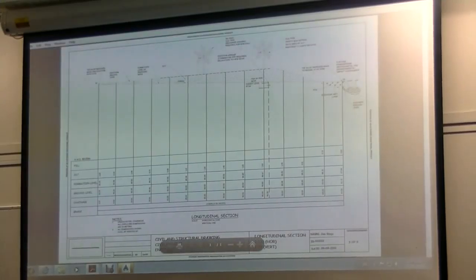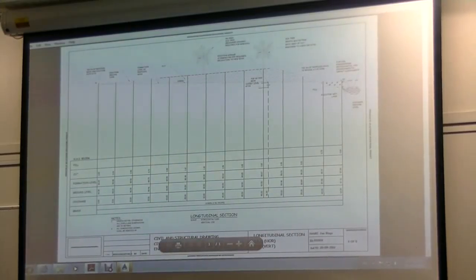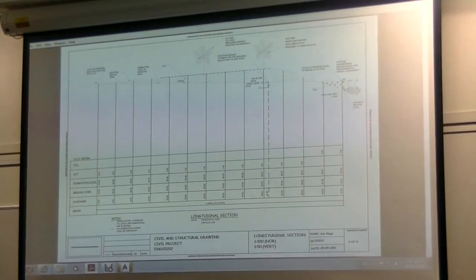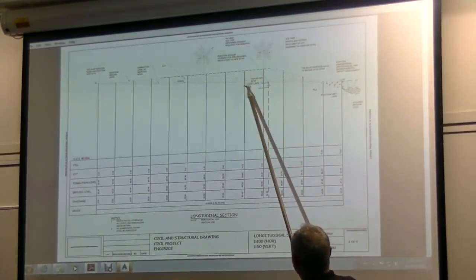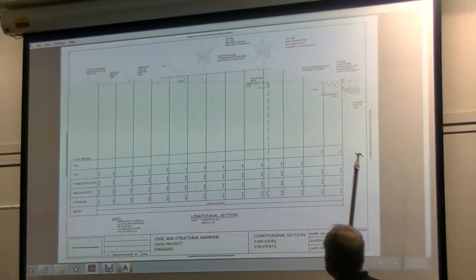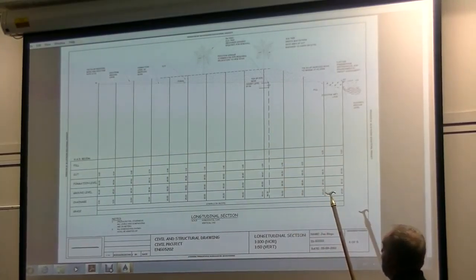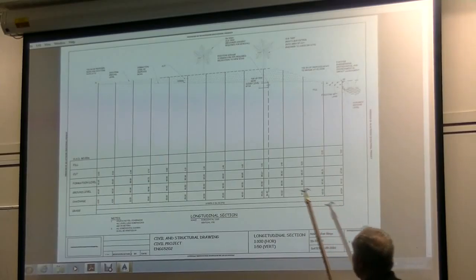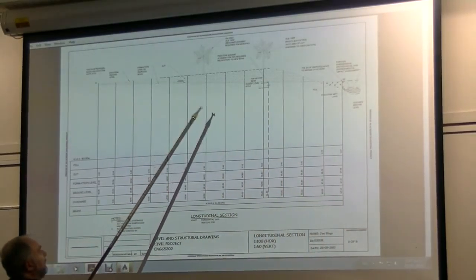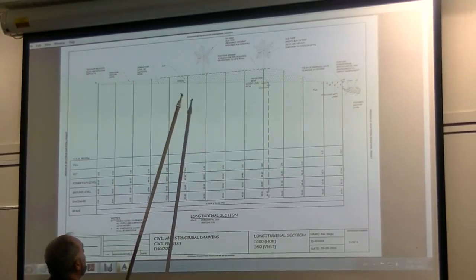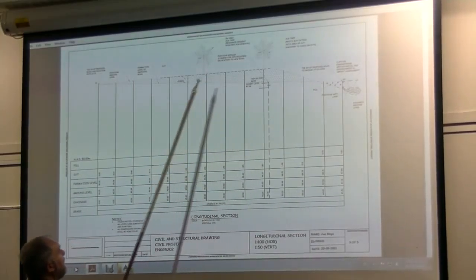So this is the long section of a road, and on this, the important things that they've put in, you don't have to worry about this, but it's important to put in any crossover pipes to make sure that they don't impact on the road. This person's used a dotted film to designate the area where it's cut.